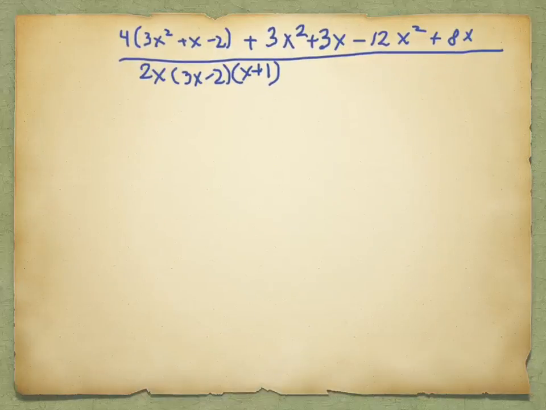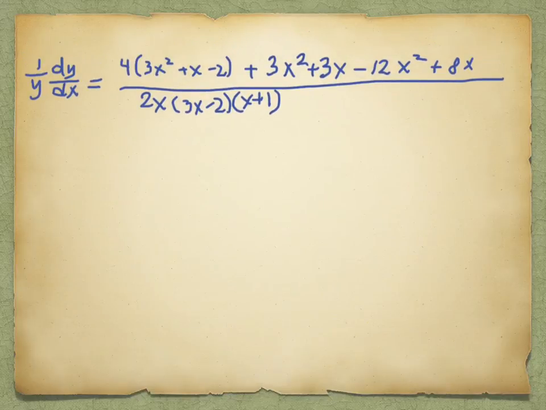It's not going away, I promise. All right, we'll distribute the 4 through, and in fact, I think I'll do it above that, and then we can actually combine them so that we don't have to have another separate step here, so that I can conserve a little bit of space.